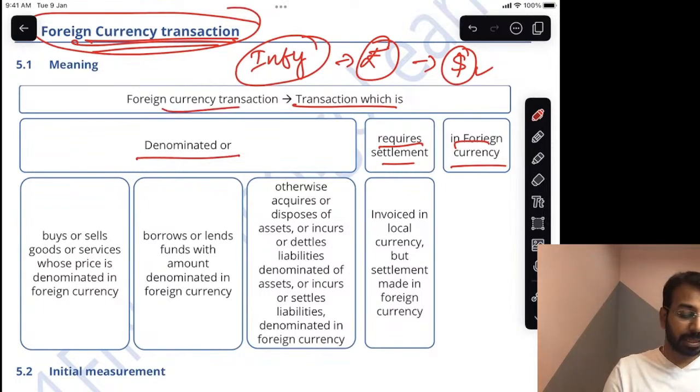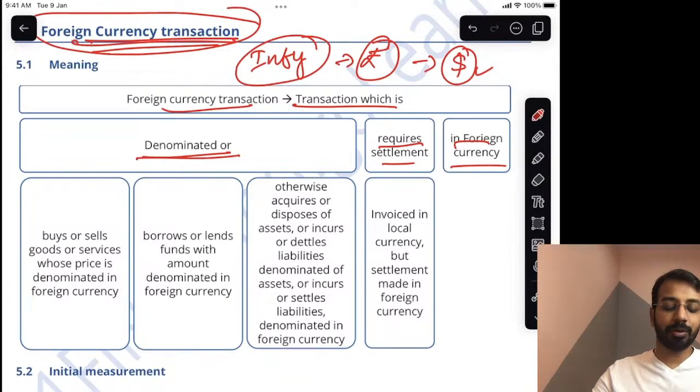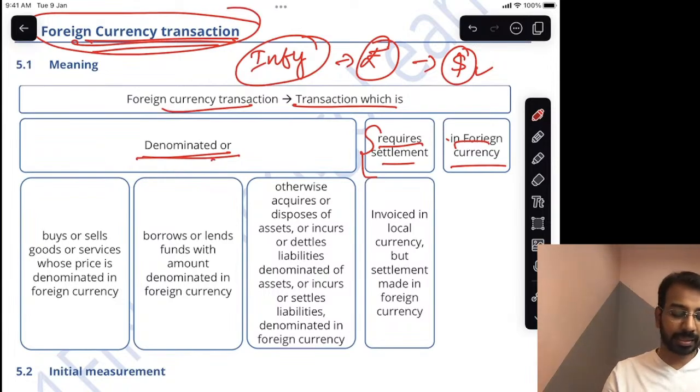Now, it is a transaction which is denominated, means it is measured or indicated, say the invoice is issued in dollars, or it requires settlement in foreign currency. So either the transaction is denominated in dollars or the transaction has to be settled in dollars. In either case, it is a foreign currency.